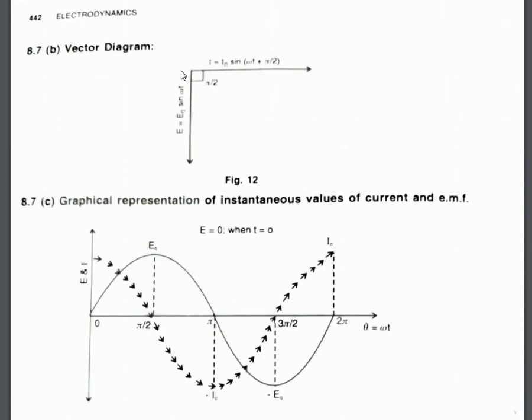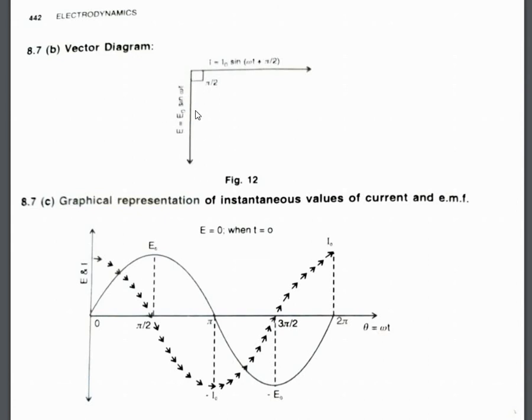So when we draw a vector diagram between I and E, this I is given by I0 sin of omega t plus pi by 2, because we represent the voltage as E is equal to E0 sin omega t.